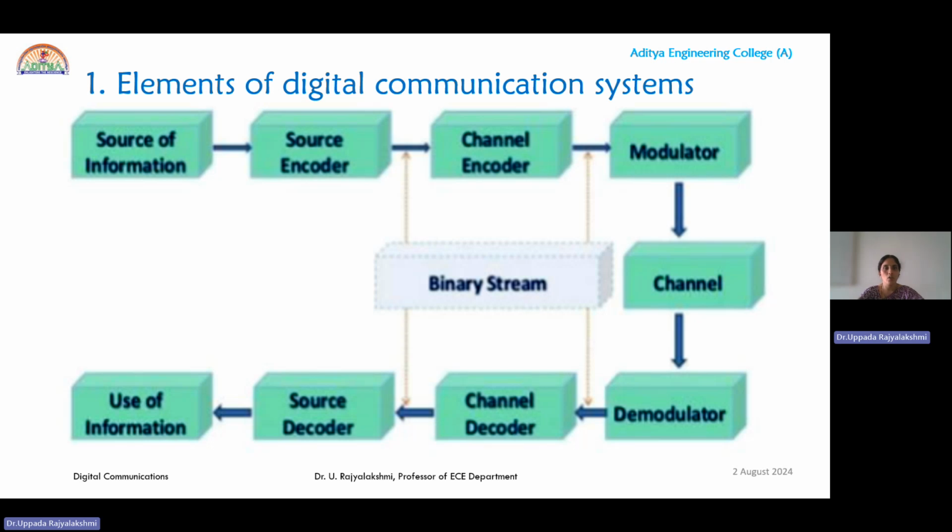So a code word is a combination of k message bits and r check bits. This is one example of a block code, which is one type of channel encoding technique.